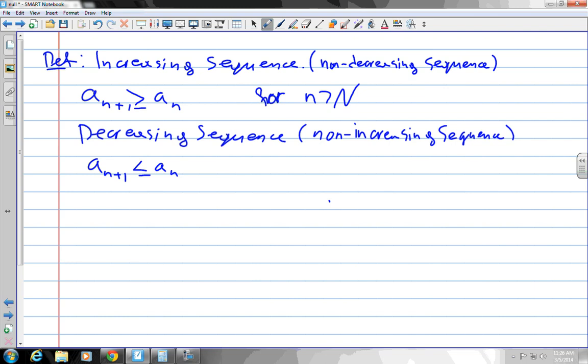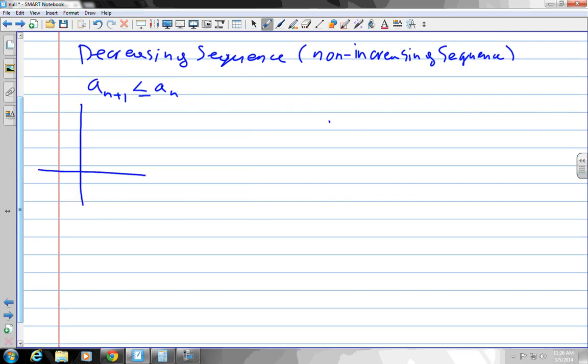If you get a sequence that just does whatever, but then at some point it just starts going up and up and up, at some point it becomes an increasing sequence. That's really what we worry about. Just like when taking infinite limits, it doesn't matter what happens when x equals 12. Who cares? All that matters is what happens as x increases. So maybe at some point your sequence is pretty chaotic, but then it just starts going up and up and up, and then it will never pass some number here.